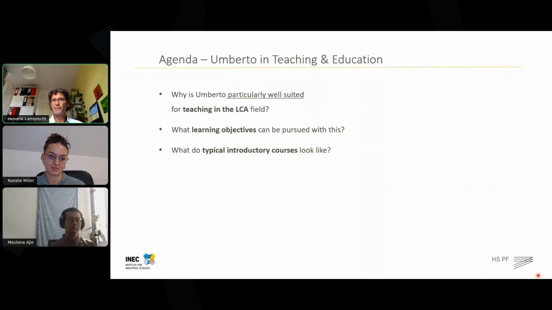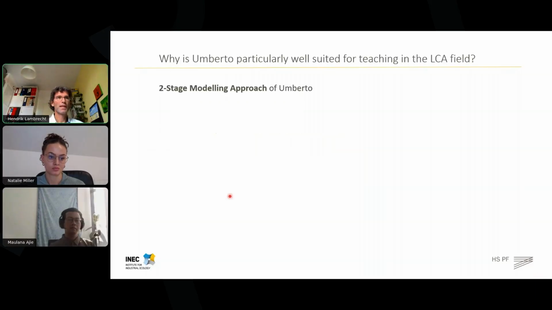So the question is sometimes, why are we still working with Umberto? And I want to share those thoughts with you. Then, what are the learning objectives that we see and why we are using Umberto in the end? And then I want to give you a rough outline of how a typical introductory course could look, or usually looks, actually.